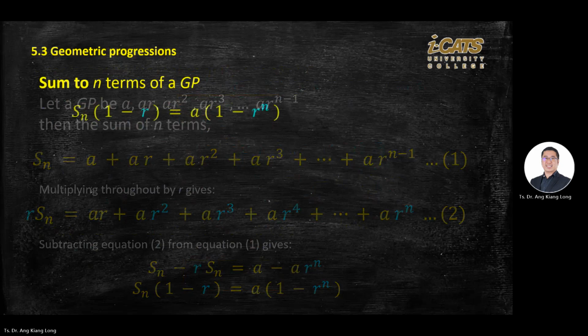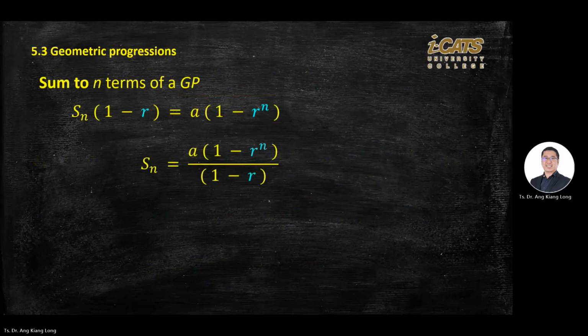Then you rearrange the equation. You take the bracket in front on the left hand side and move it to the right. You get Sn equals A bracket 1 minus R^n, divided by 1 minus R. So this is the second important equation. How you arrive at it is not important, but it is important that you memorize this one.